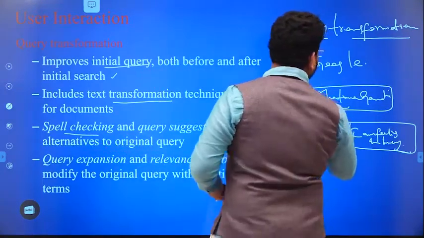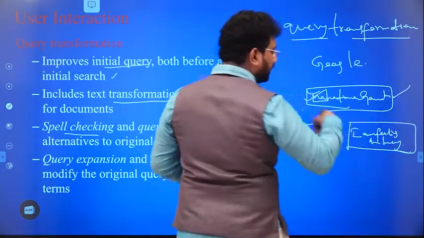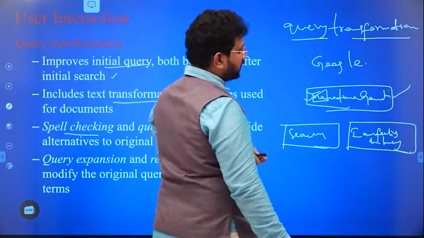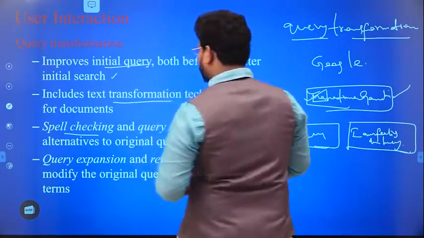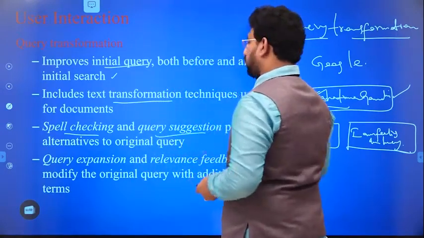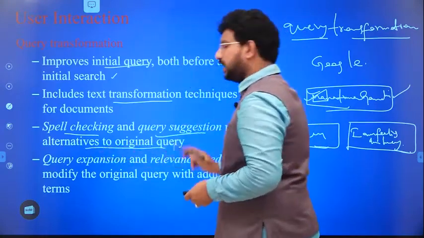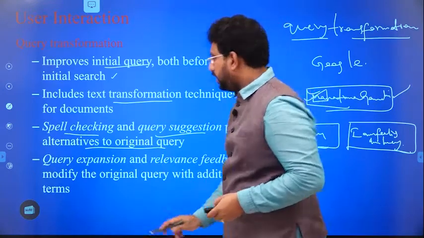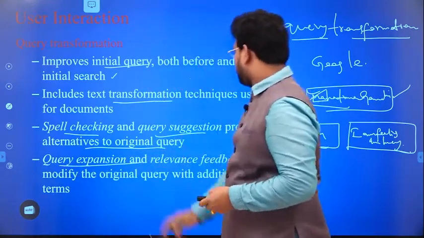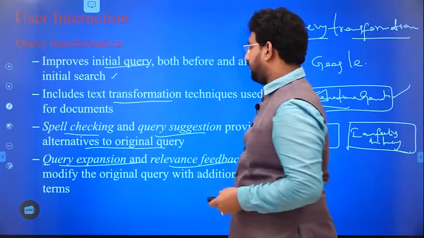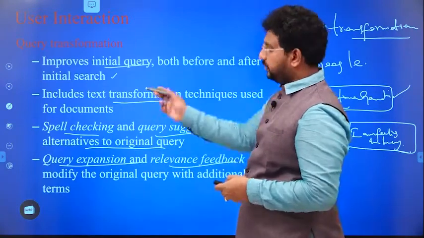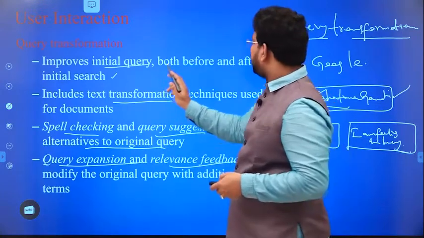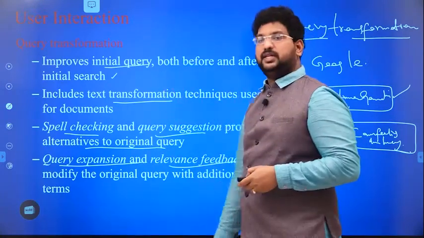Whenever you enter the word Mahatma Gandhi, the spell checking will also be done. And next, query suggestions provide alternatives to the original query. And next one is query expansion and relevance feedback. So this is about the query transformation, which improves the initial query both before and after the initial search.